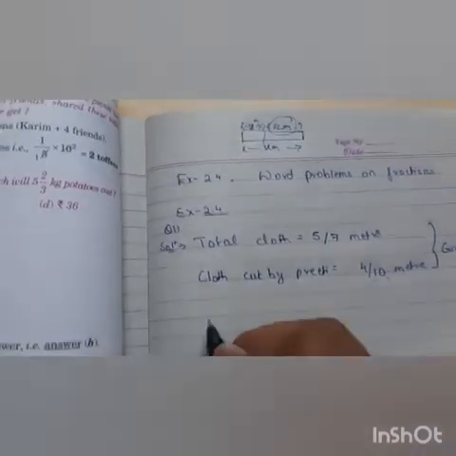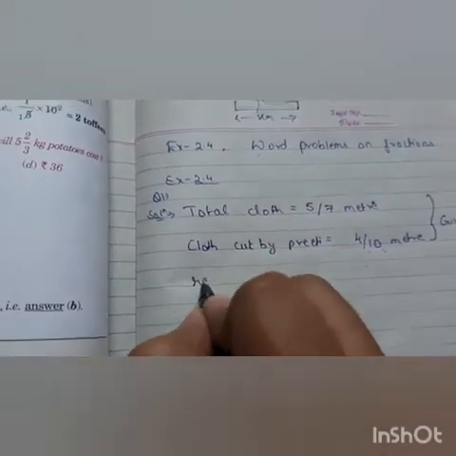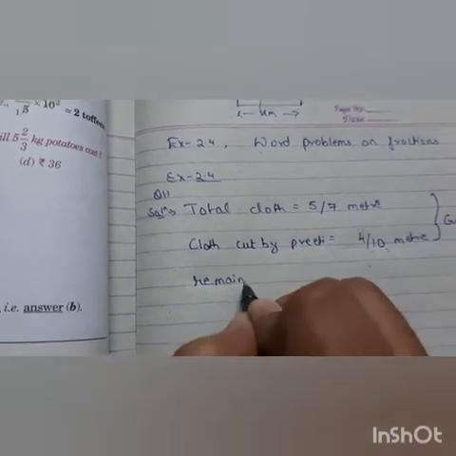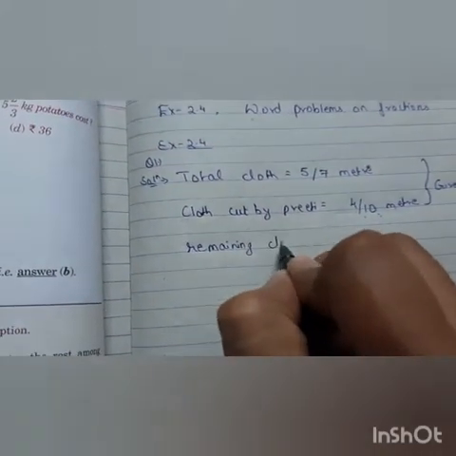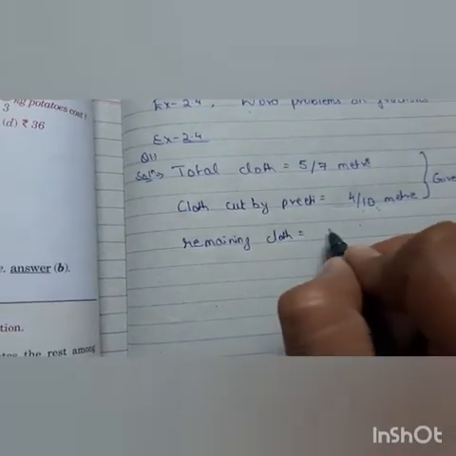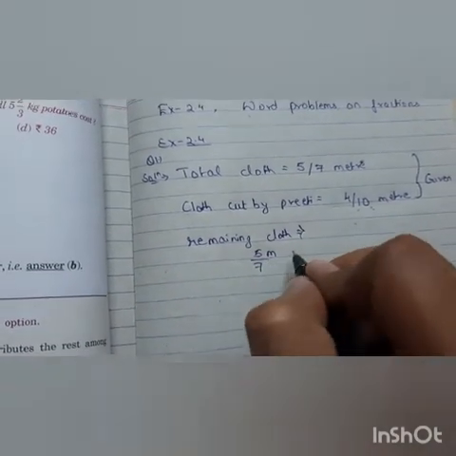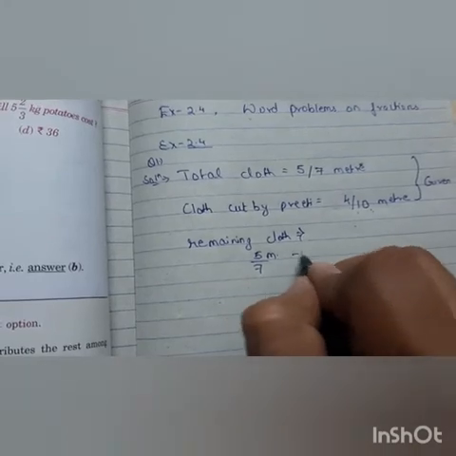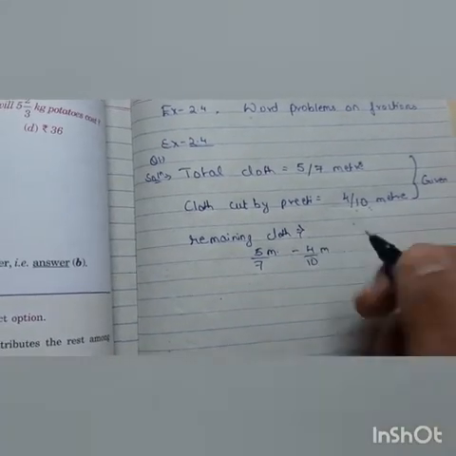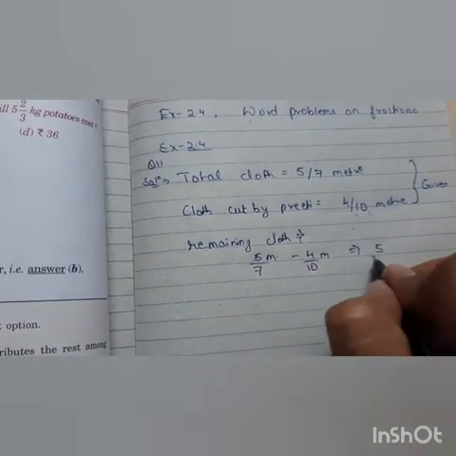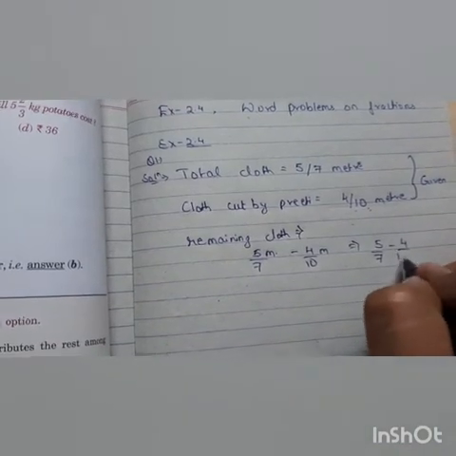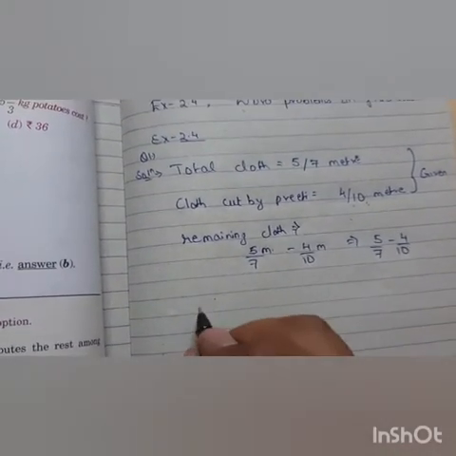So what we will write? Remaining cloth equals 5 upon 7 meter minus 4 upon 10 meter. That is 5 upon 7 minus 4 upon 10. Take the LCM.